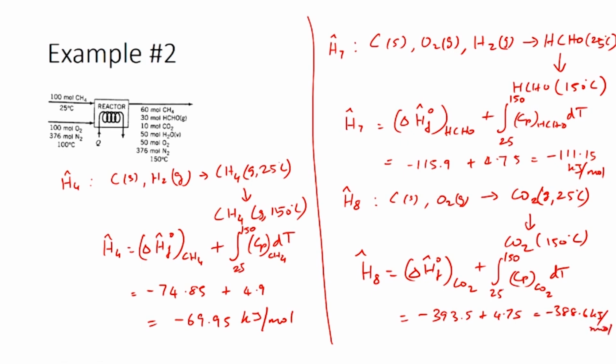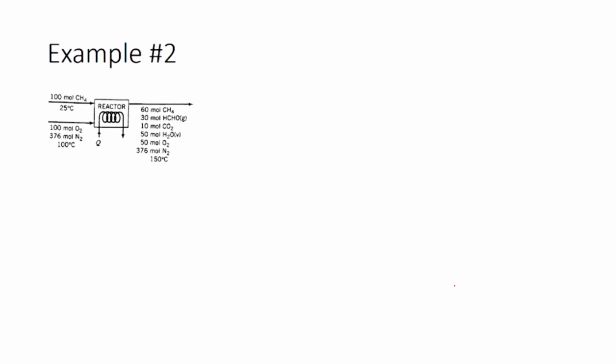So, this second term integral Cp dt could also be obtained from combustion tables, because the enthalpy of carbon dioxide at 150 degree Celsius compared to 25 degree Celsius can be obtained directly from that table.